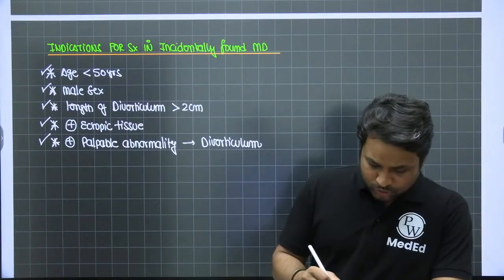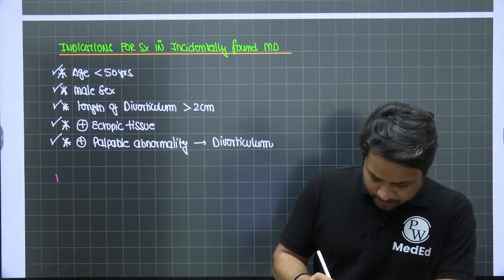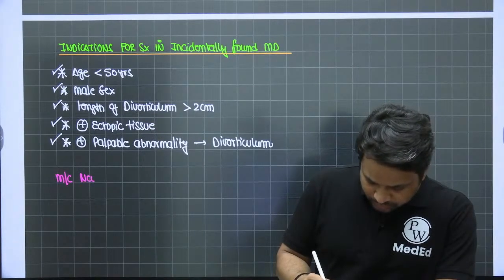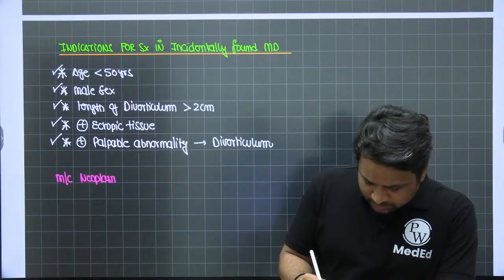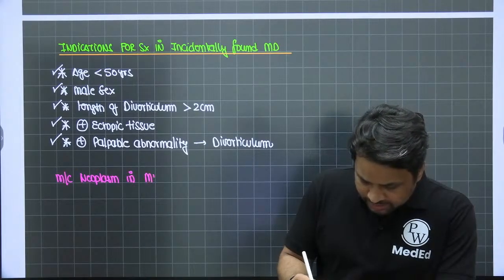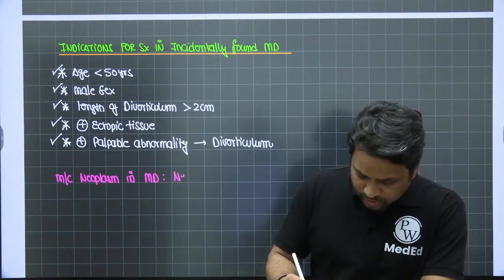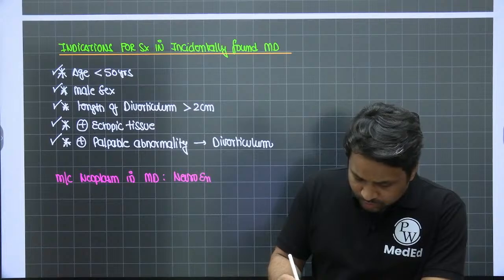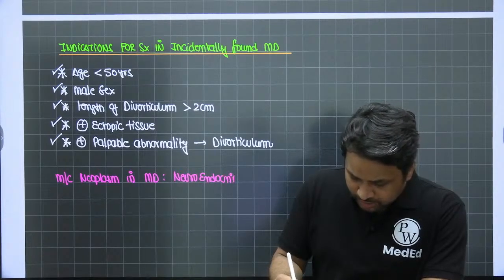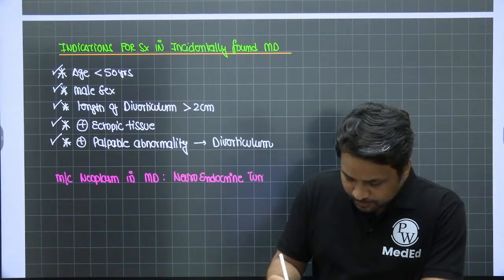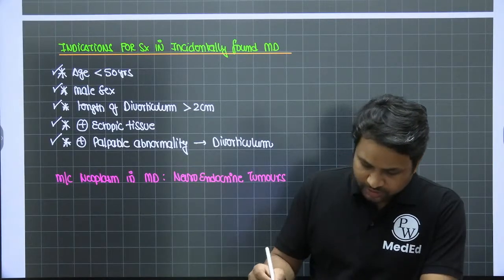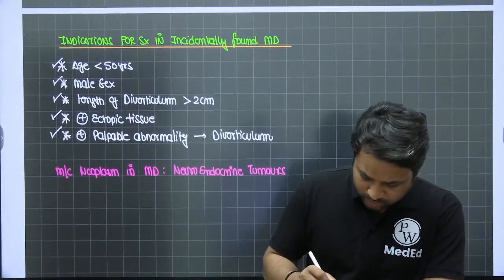Remember the most common neoplasm in Meckel's diverticulum: it is not adenocarcinoma, it is the neuroendocrine tumor.